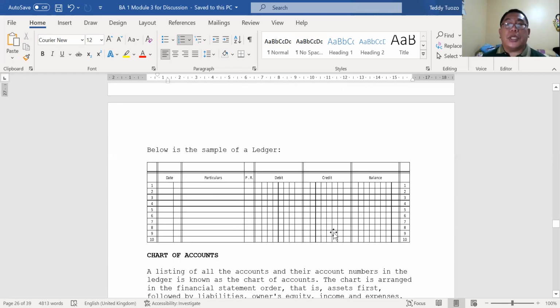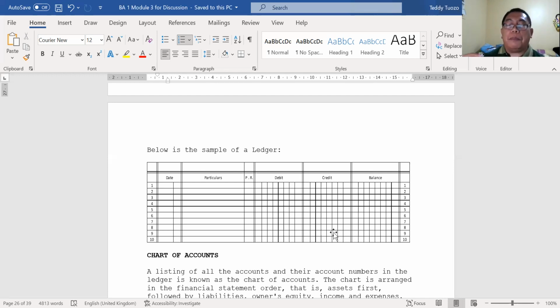So this is the ledger, no? In the general journal, we have two columns, the debit and credit columns. But now, we also have a balance column. For every transaction that we are going to post from the general journal to the general ledger, there should now be a balance.